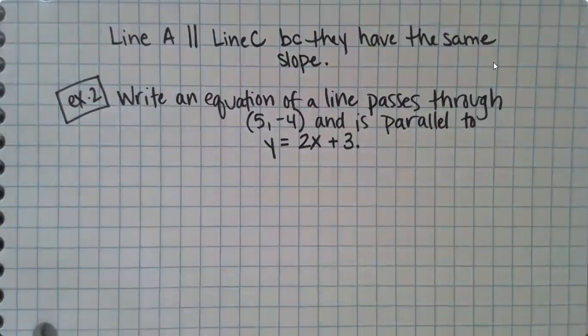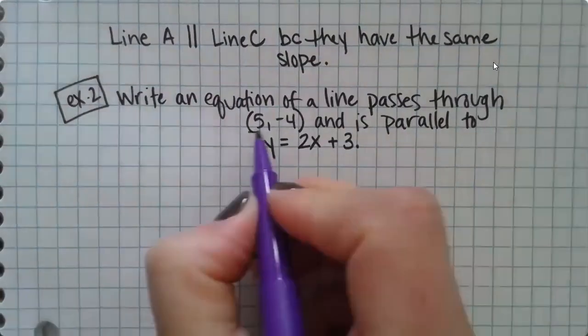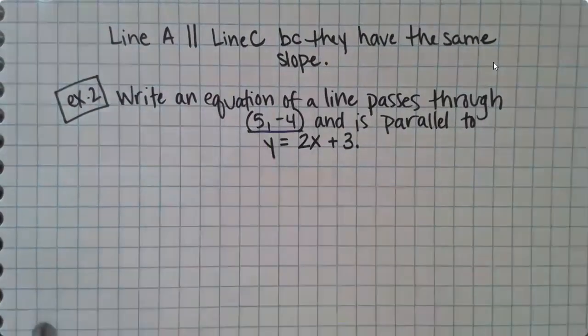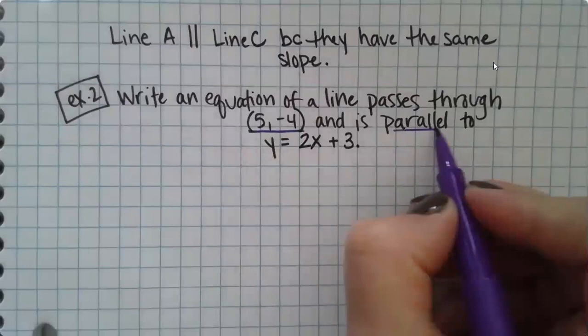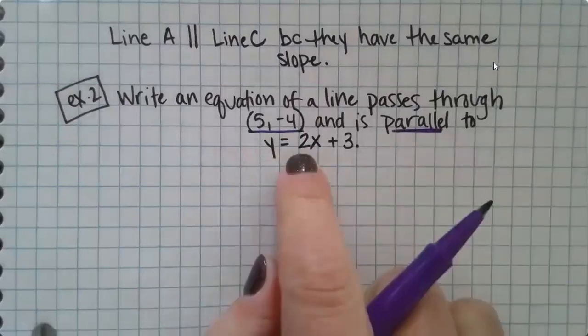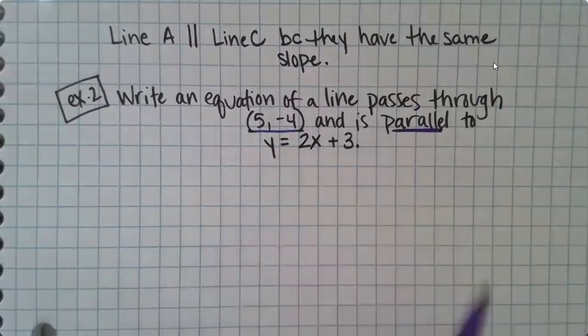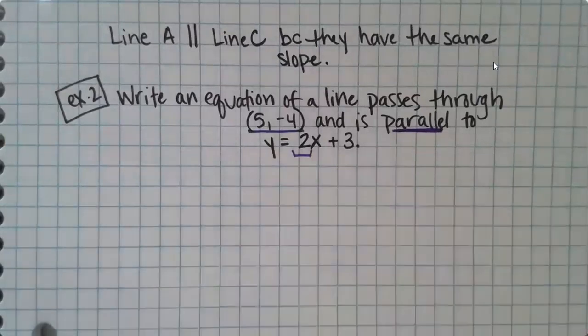So we know how to write equations of lines when we have a point and when we have a slope. And we know the slope of our new line because they told us that our new line will be parallel to this line. And if this line is y equals 2x plus 3, the slope of this line is 2.